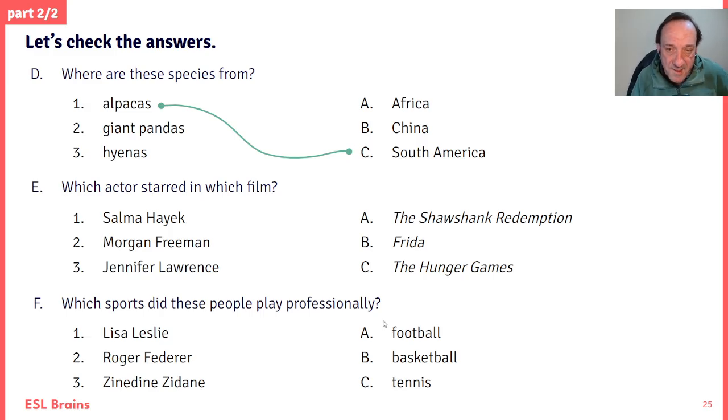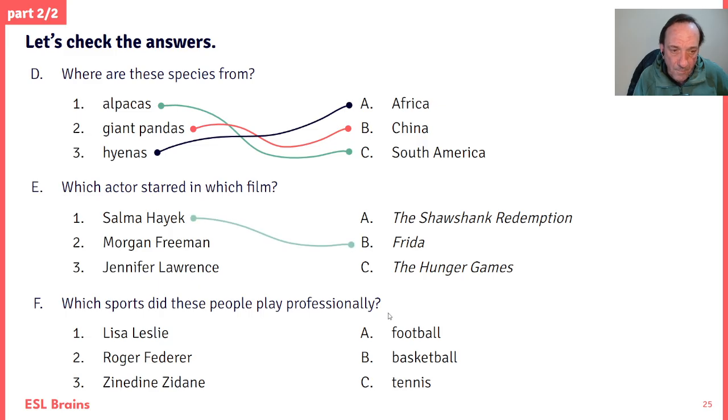Alpacas are from South America, of course. Giant pandas are from China. China, as Trump says. And hyenas are from the savannas of Africa. Now, Salma Hayek played Frida. Morgan Freeman famously played the protagonist in The Shawshank Redemption. Not the protagonist, though, was he really? No. And Jennifer Lawrence was in The Hunger Games.